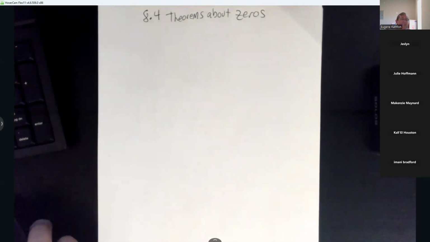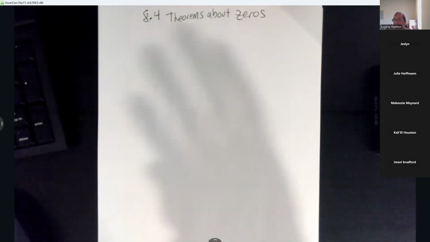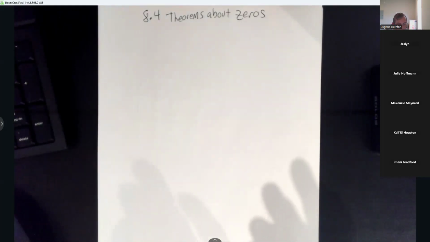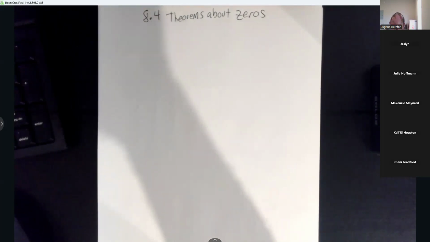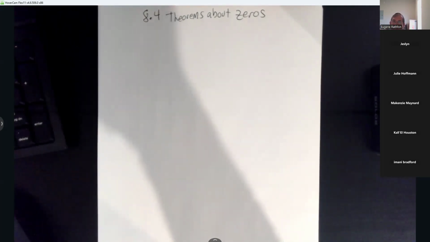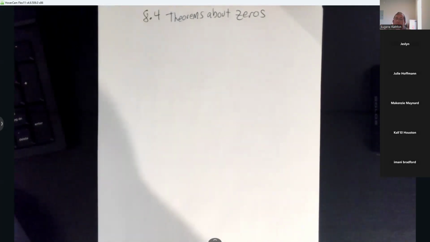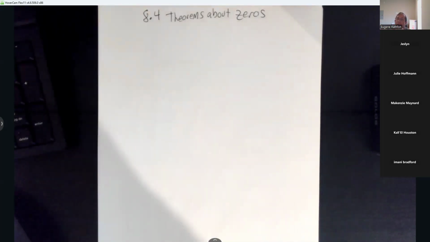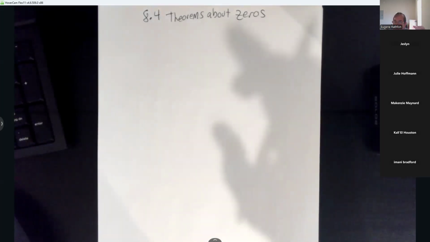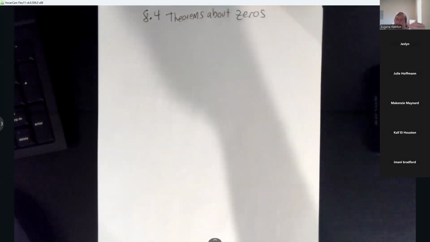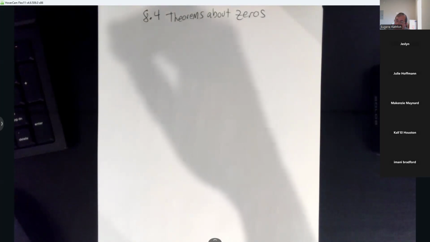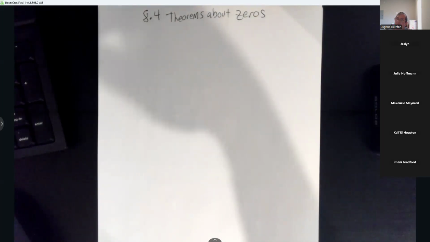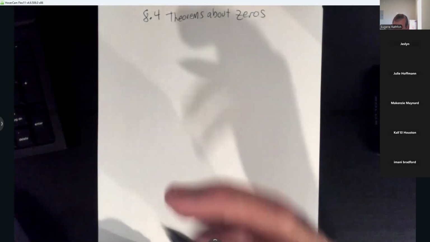Because this section, we do a lot of foiling, okay? Because what they're going to do in this section, it starts out, they're going to give you the zeros, and we're going to work in reverse and find the polynomial that came from. So instead of dividing, we're actually going to start working in reverse and doing a lot of multiplying, okay?